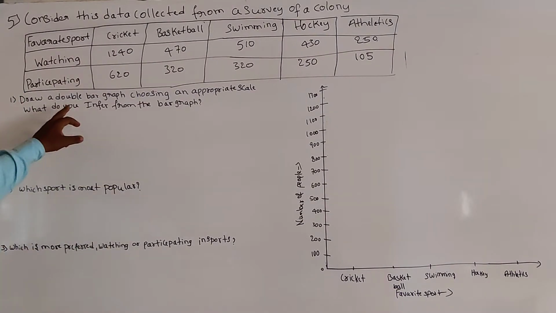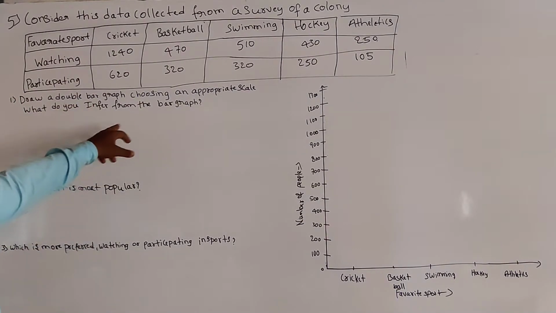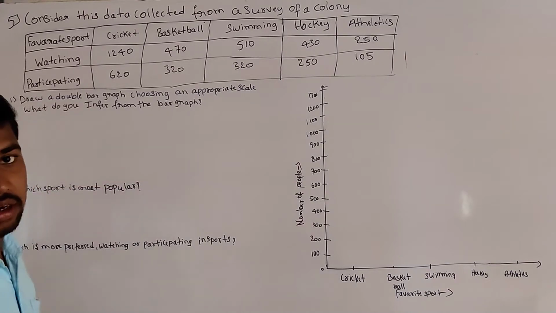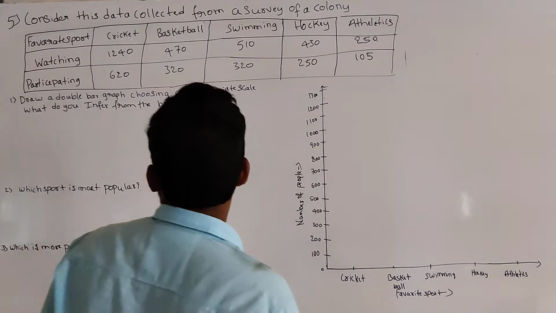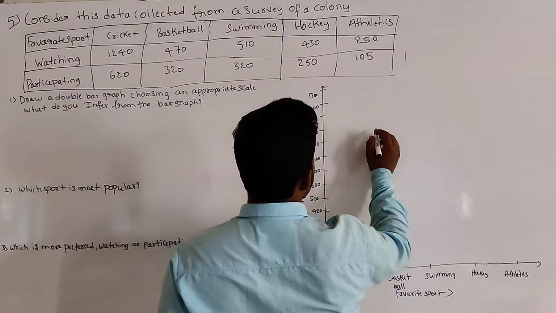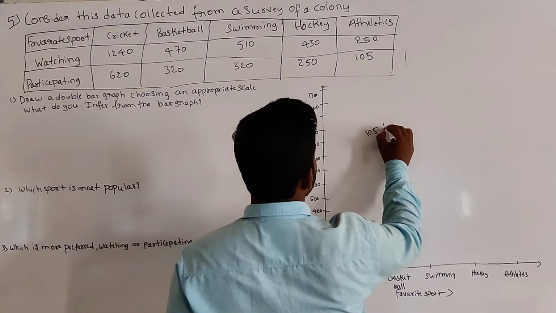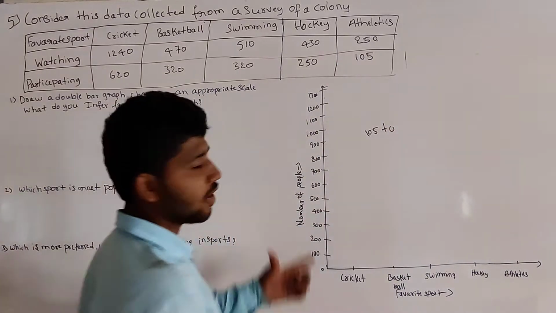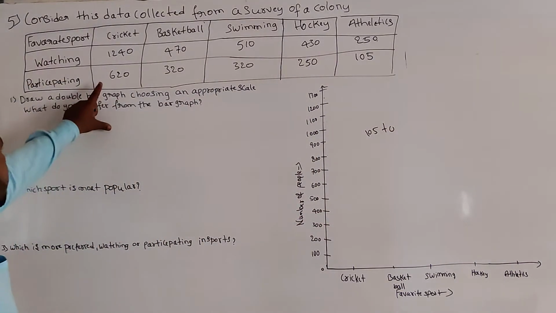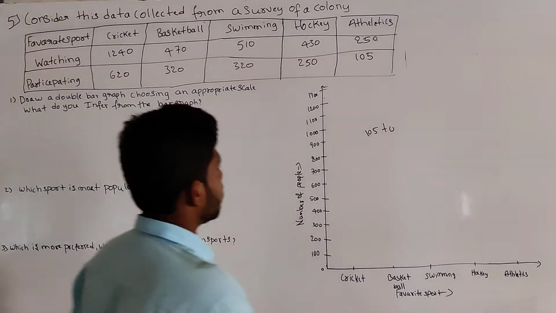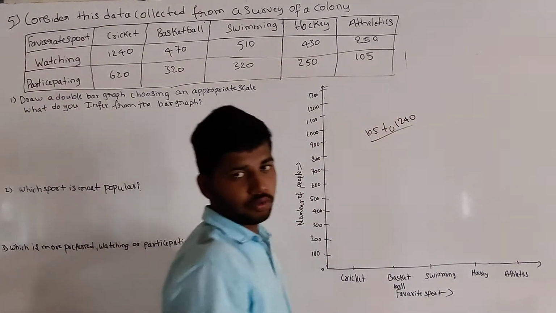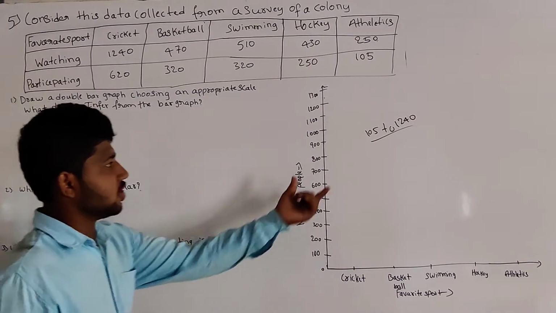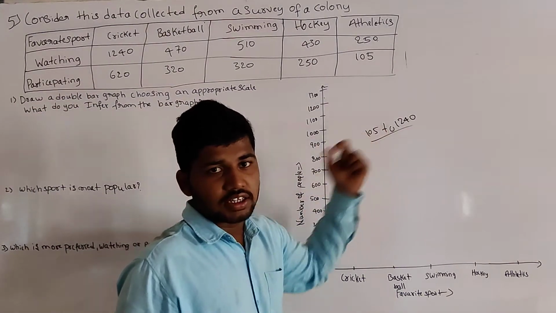Draw a double bar graph choosing an appropriate scale. The smallest number in the given data is 105, and the highest number is 1240.